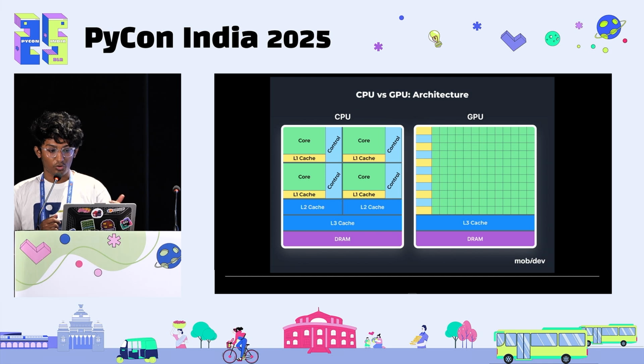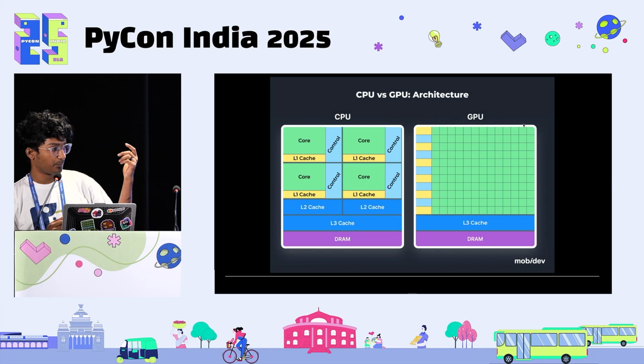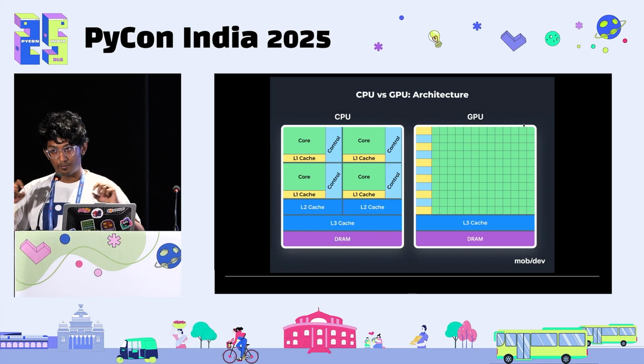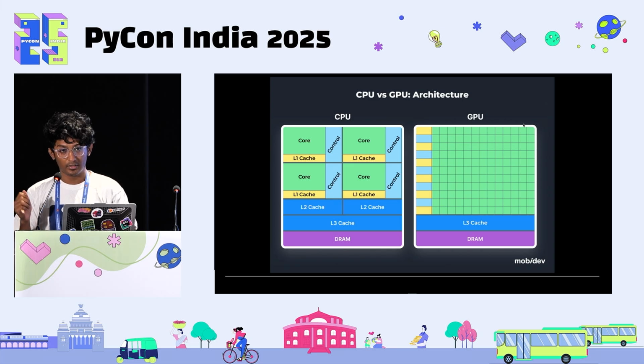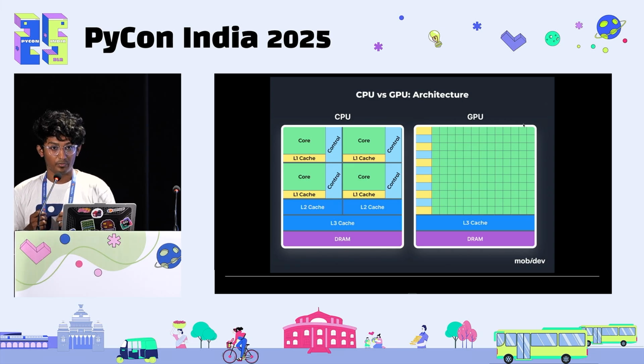Each core in CPU has its own cache and control mechanism. As you can see over here in the diagram, a bunch of GPU cores share their cache and control mechanism. That makes us fundamentally different. What it means is, if we are launching something in a particular core in GPU, sometimes also using threads, that memory is shared.